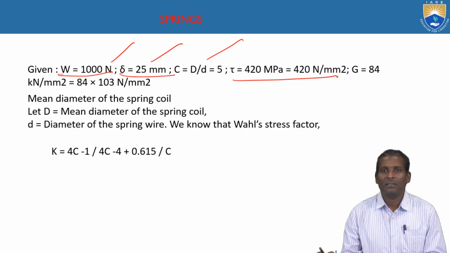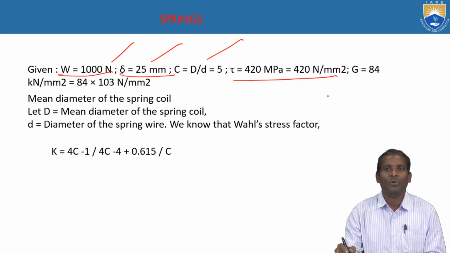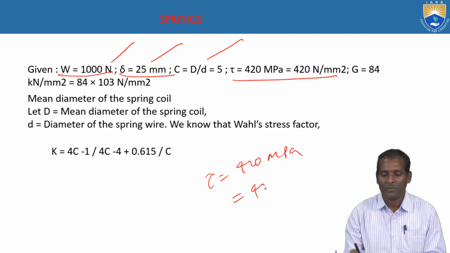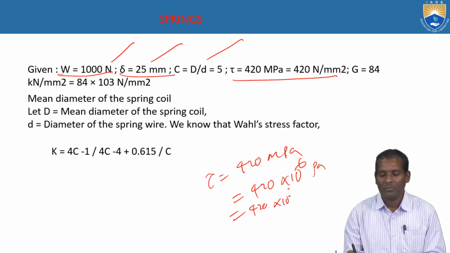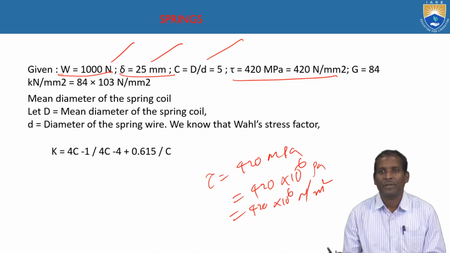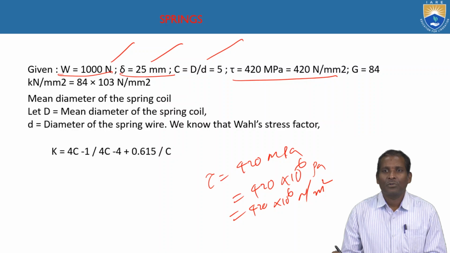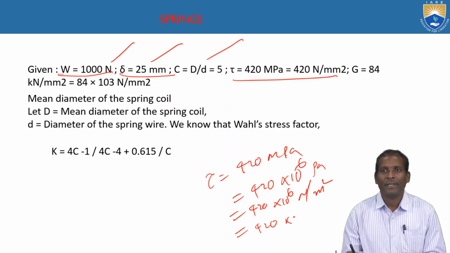Then this megapascal you can convert into Newton per mm square. So 420 megapascal is equal to 420 Newton per mm square. First convert into pascal: mega is 10 to the power of 6, so 420 into 10 to the power of 6 Newton per meter square. Again convert into mm square, which is 10 to the power of 6 in Newton per mm square.